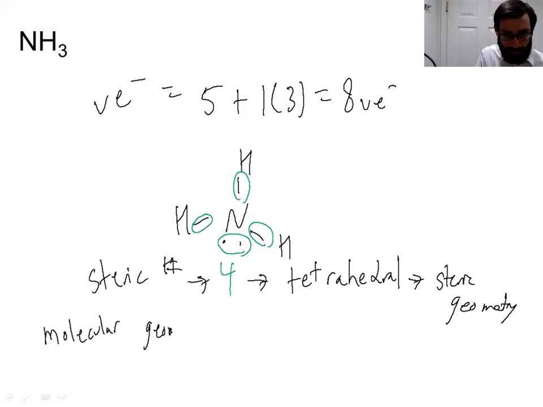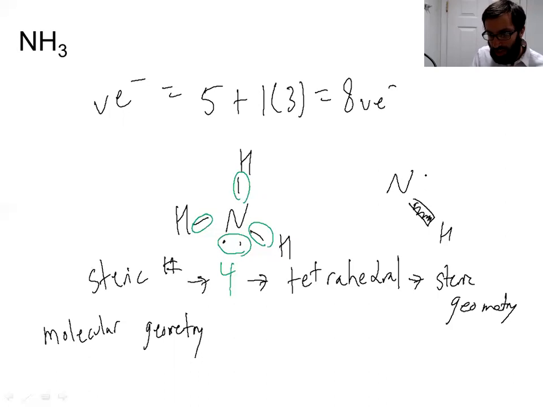And that's now a tetrahedron shape, but with one of the sides of the tetrahedron removed because there's a lone pair there. And so what that's going to look like is something like this. Remember, I don't expect you to know this notation, but this is just to help us visualize this, where you have sort of a tripod, right?